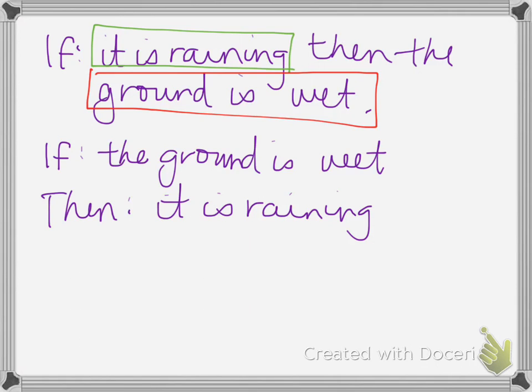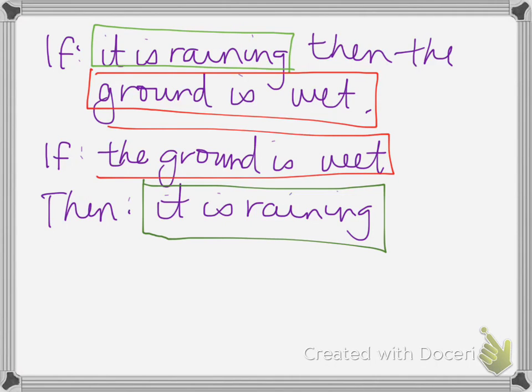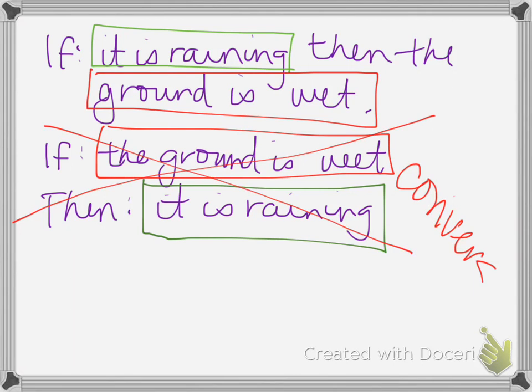What we did was take the if part of our statement and make it the then, and take the then and make it the if. And if you think about it, this doesn't work, does it? That's the converse of this statement. If it is raining, then the ground is wet.